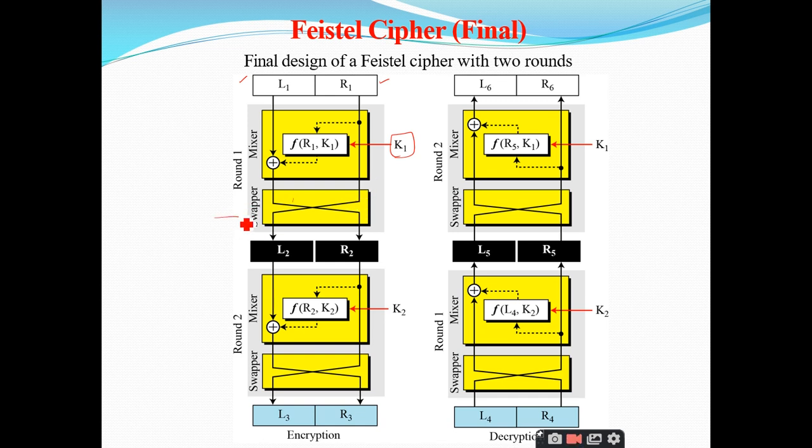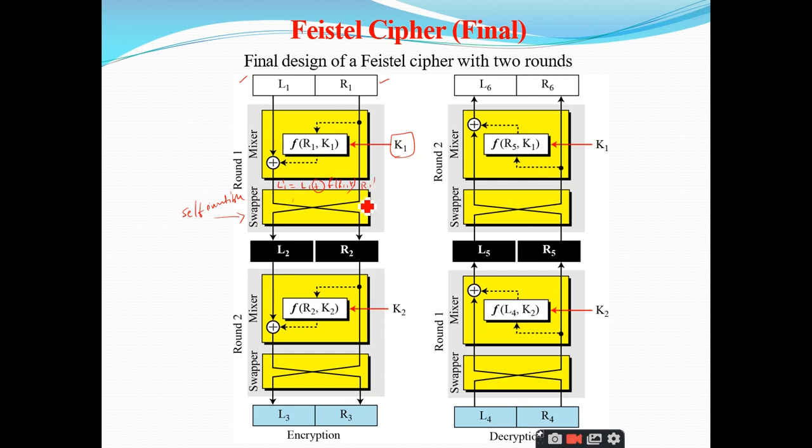See, here he has added one more component which is a swapper, which swaps the left side part into the right side part and the right side part to the left side part. This is also a self invertible component. So, L1 dash is equal to L1 exclusive OR f of R1 comma K1.